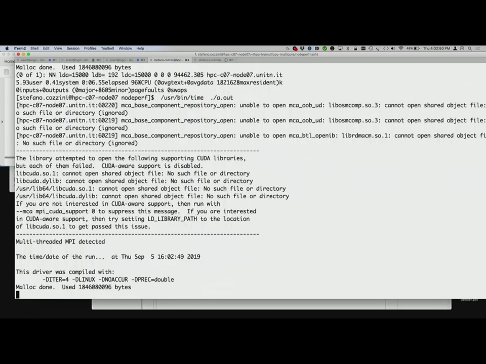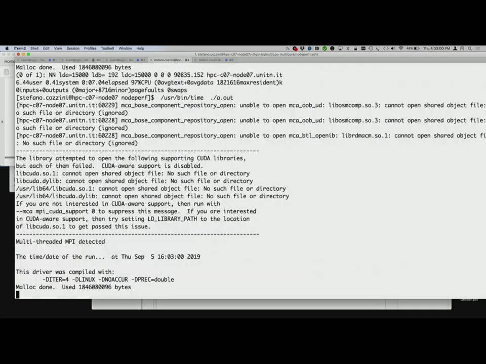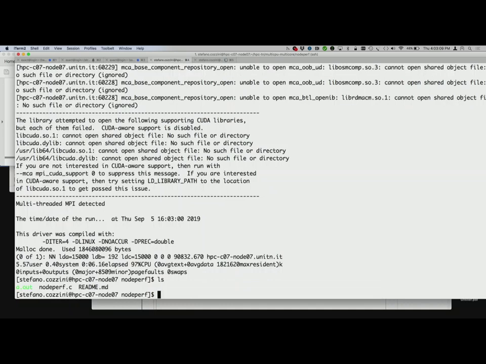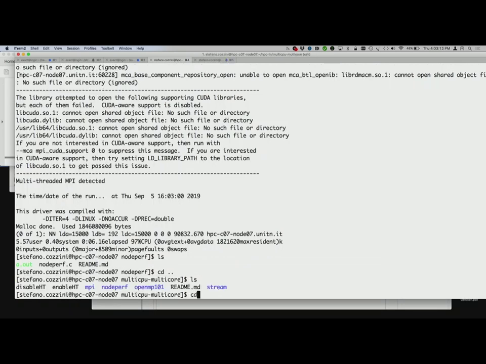Let me see if I get rid of the liquid, something is changing or not. No, so it was just a fluctuation. Okay. Yeah. So node perf is here. You can play a little bit around, whatever.